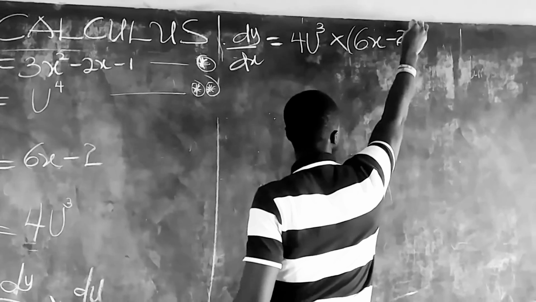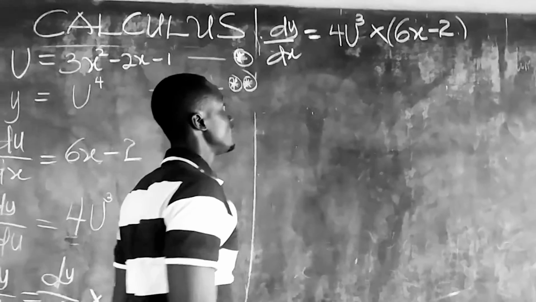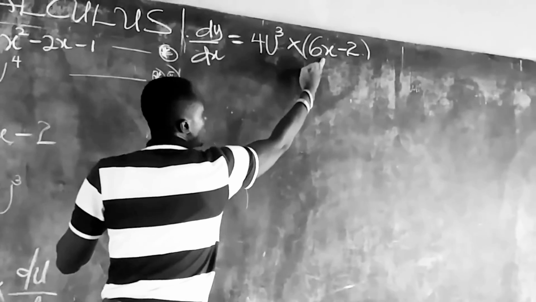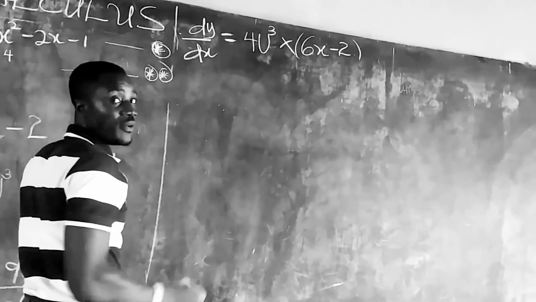Let's try to put it inside the bracket. Very good. So now they are multiplied. So multiply the terms in the bracket by the 4.